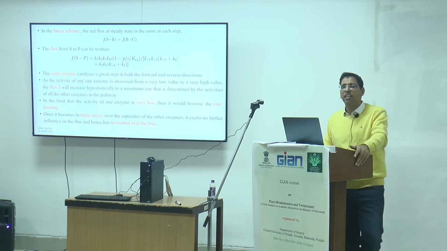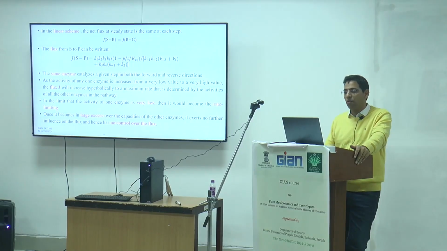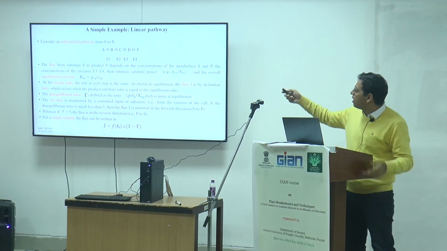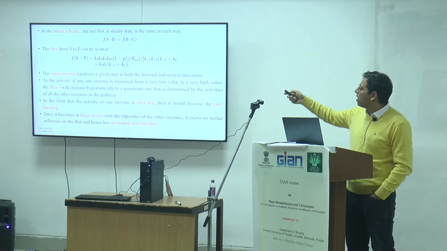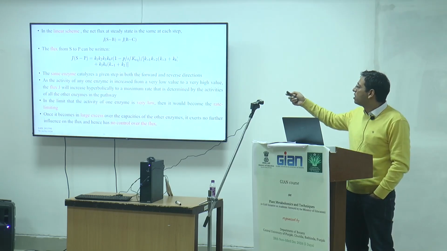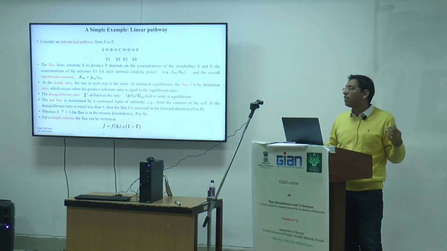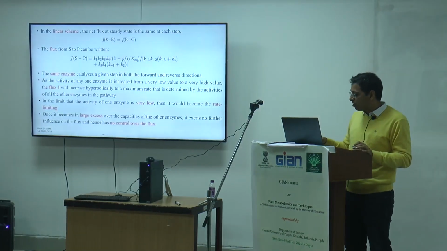So in the linear scheme, you can define J. J is the flux basically. J is S to B, and J is also B to C. So I am going back through B, C and D. J for S to B is the first step, and then J is equal to B to C. So both are equal basically, in the linear fashion.